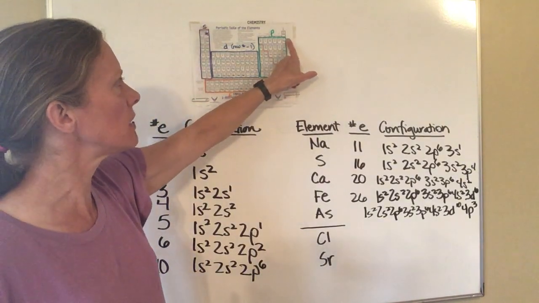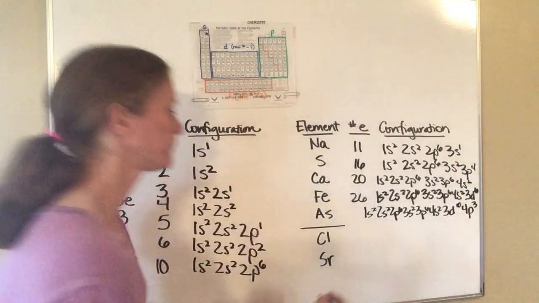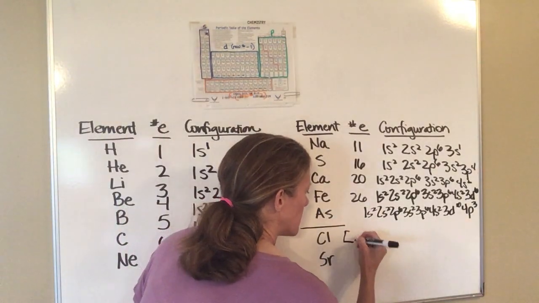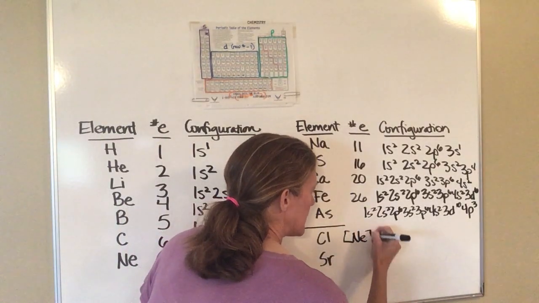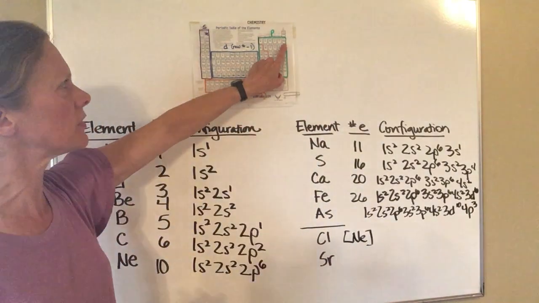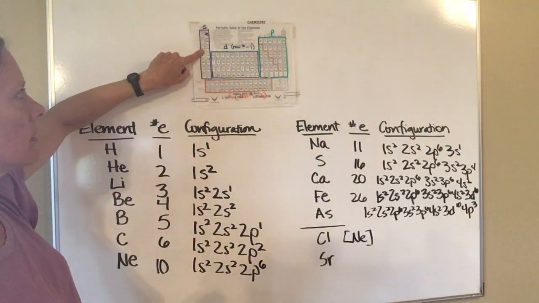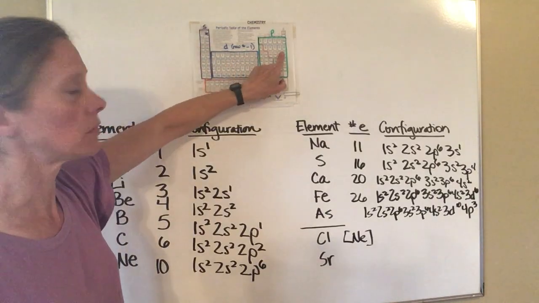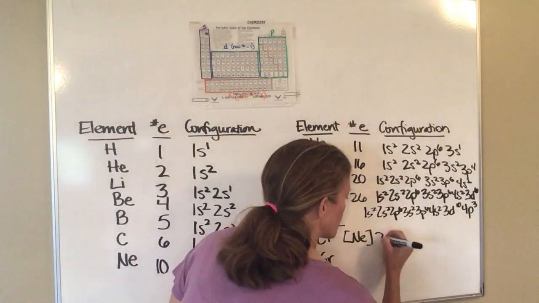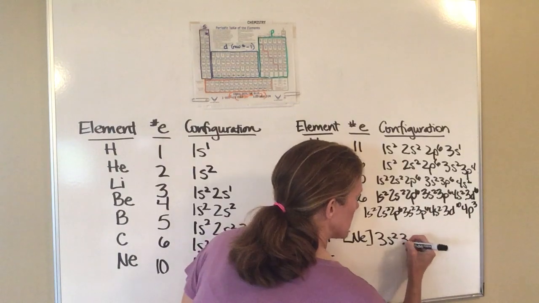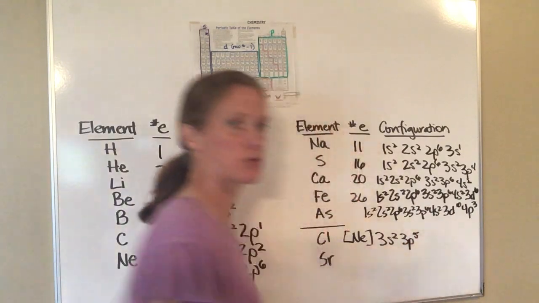If I take the element in the row above it, I can shorten this by saying it's the same electron configuration as neon plus 3s2, 3p5.